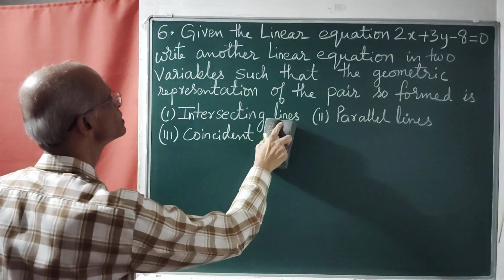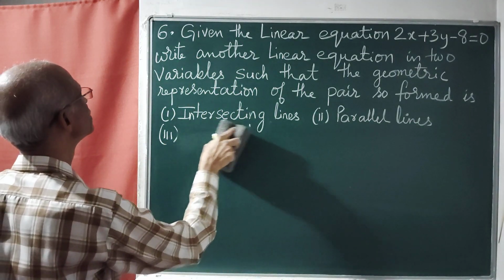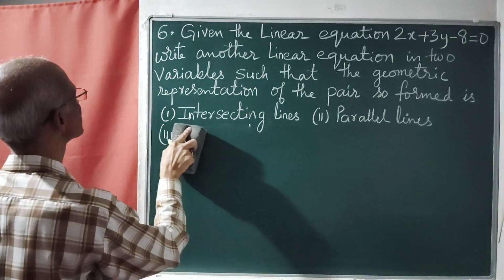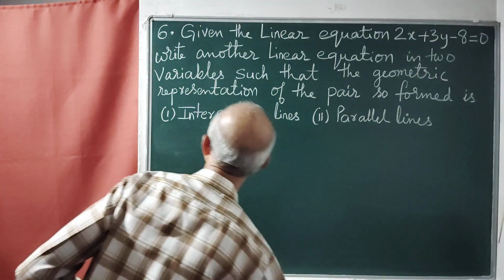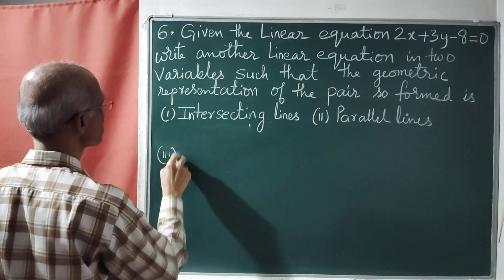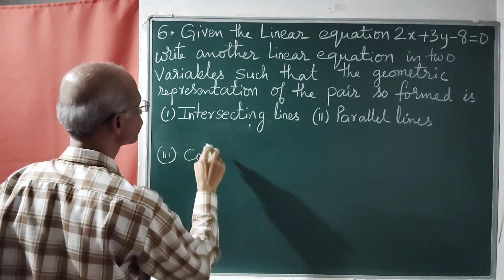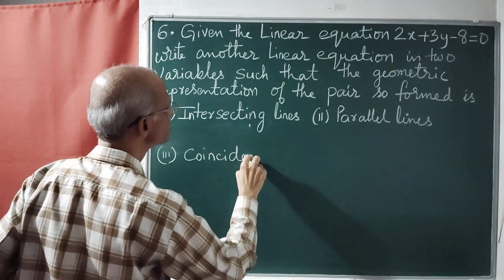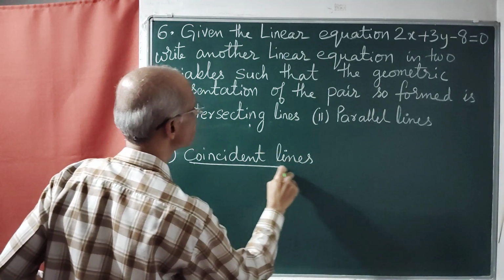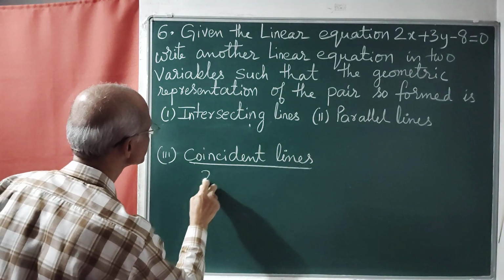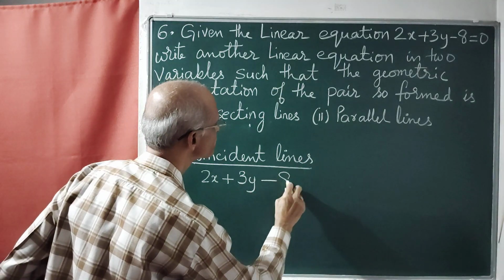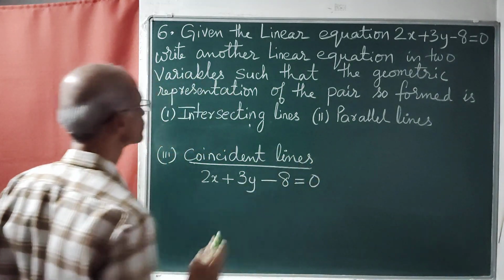The third case, coincident lines. So the equation that we are given is 2x plus 3y minus 8 is equal to 0.